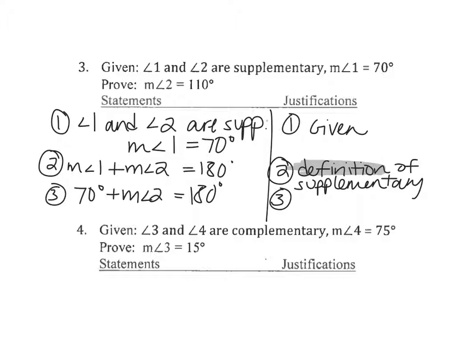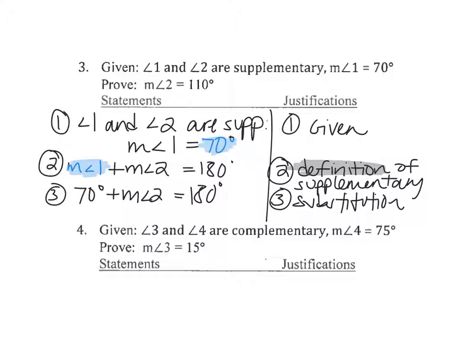And your reason? Substitution. Sorry, my handwriting is really not good. I will highlight it if you're having trouble seeing it. We're taking 70 degrees and putting it right here because they're equal to each other.